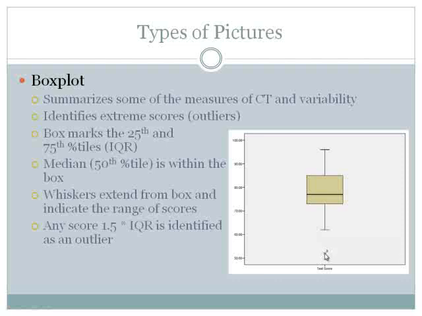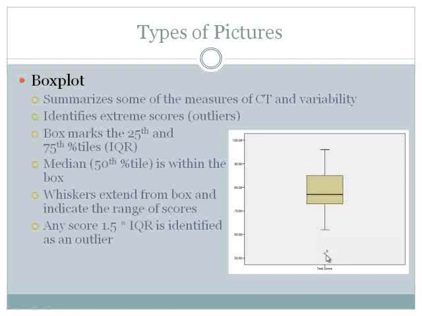So this is the middle 50% of the scores, the median, and then the whiskers extend from the box out to the range of scores that are not considered outliers, and then outliers are represented by a single dot, and the number doesn't represent the actual score. It represents the number of which person actually scored, in this case the 52. So when I put this data into SPSS, it was the 9th person.